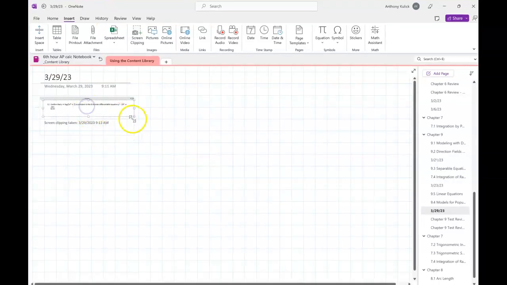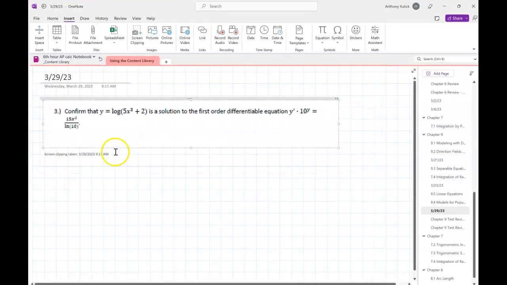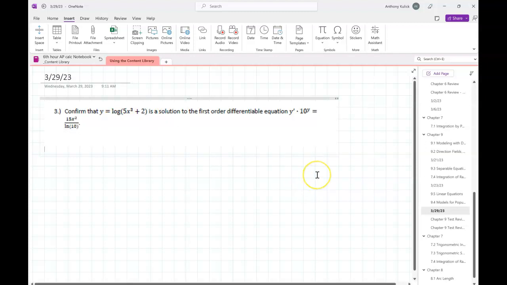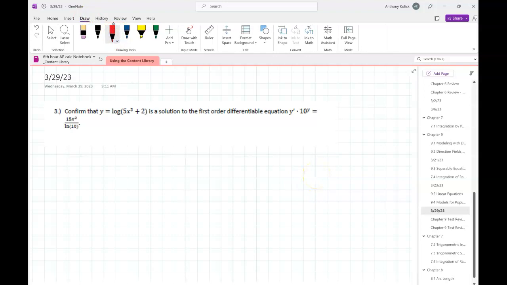All right, 3 from the review. Says confirm that y equals log of 5x cubed plus 2 is a solution to the first order differential equation y prime times 10 to the y equals 15x squared over the natural log of 10.